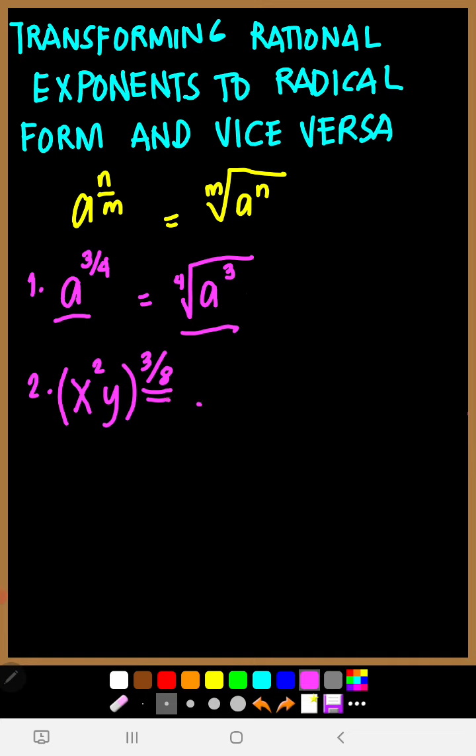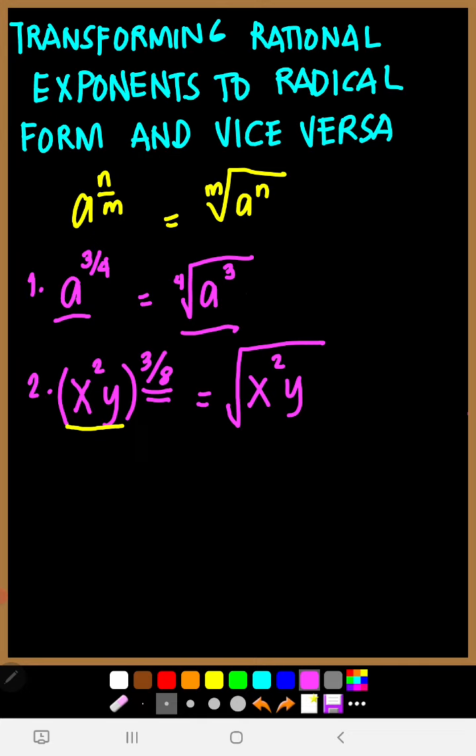If I'm going to transform that, ang base natin is itong buong to, x squared y, kasi nakaparenthesis siya. Ibig sabihin, lahat yan, ang exponent niya ay 3 over 8. So you just copy the base, which is x squared y, and then put them inside a radical sign.